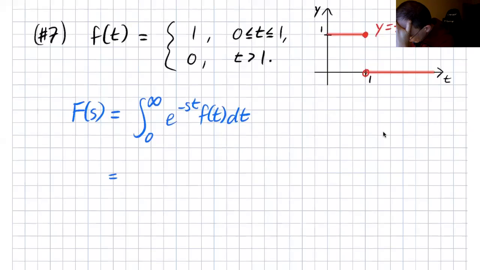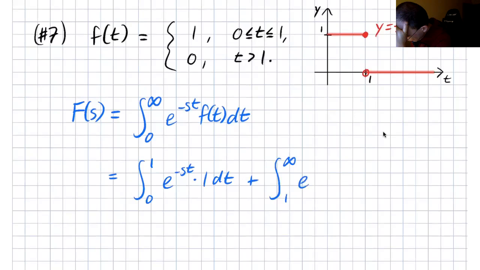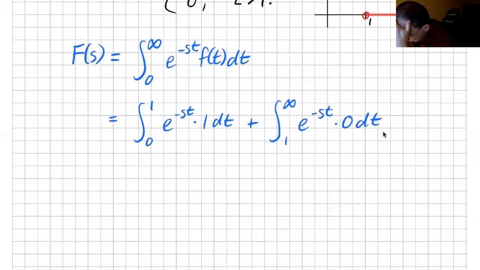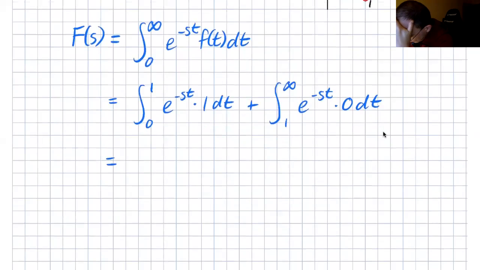Now, this function has 2 pieces. The first piece is from 0 to 1, and there the function is equal to 1. And then there's another piece from 1 to infinity, and there the function is equal to 0. So that second integral will be equal to 0. So it's just this first integral that we need to evaluate.